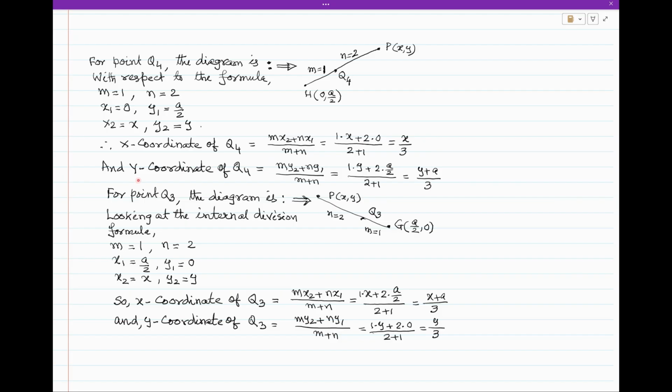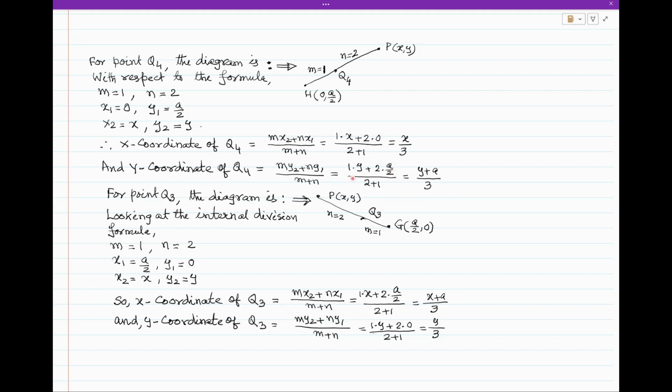Similarly, for the y coordinate of point Q4, the formula is (m y2 plus n y1) divided by (m plus n), and in this case y2 is equal to y, y1 is equal to a by 2.